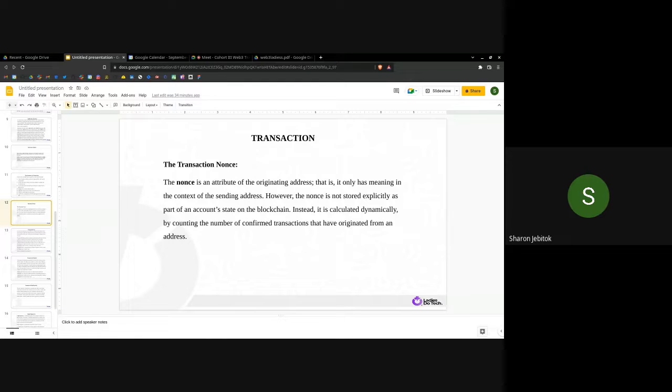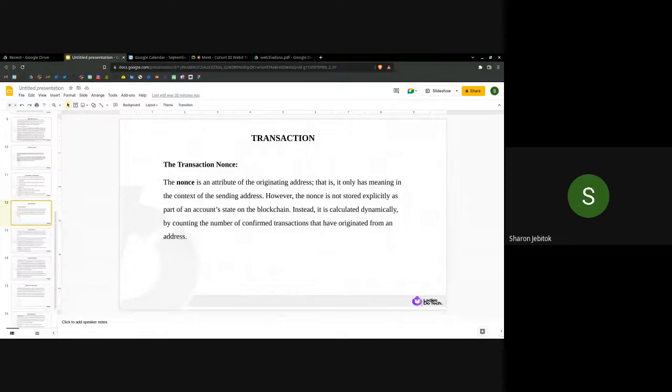So this nonce is an attribute of the sender's address, the person who initiated this transaction. However, the nonce is not stored explicitly as part of an account state on the blockchain. Instead, it is calculated dynamically by counting the number of confirmed transactions that have originated from an address.